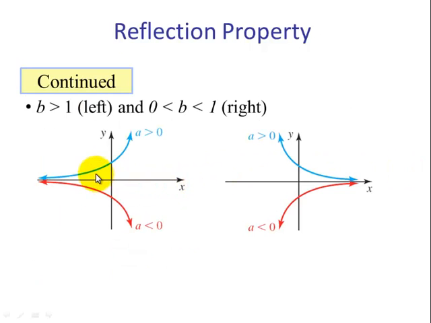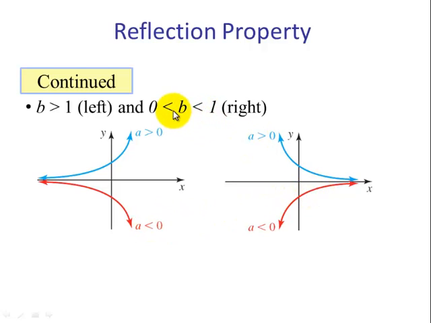So let's look at this graph. In this case, b is greater than 1. This is an increasing function, and a is positive because it's in the first and second quadrants. Now if b is still greater than 1 but a is negative, this is now a reflection across the x-axis, and a is a negative number.